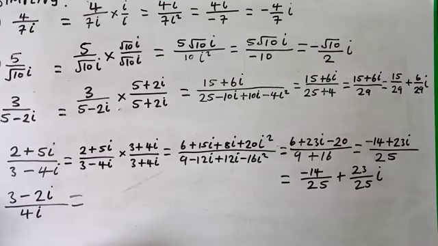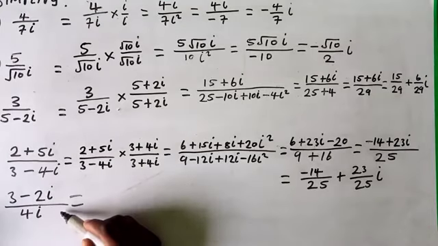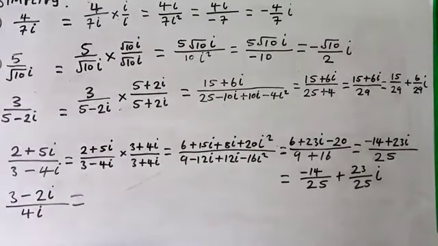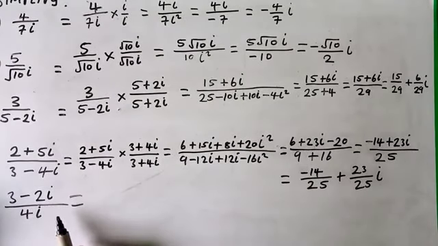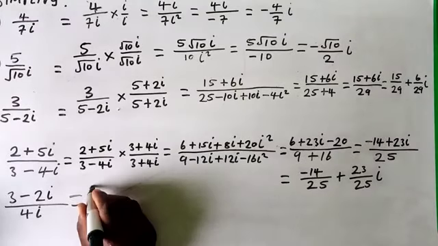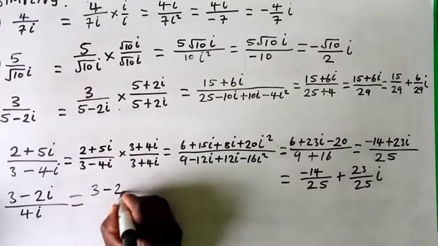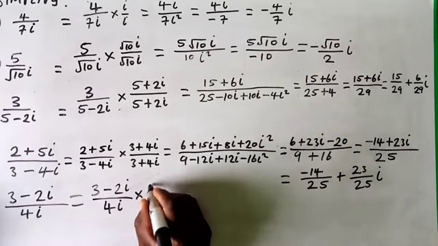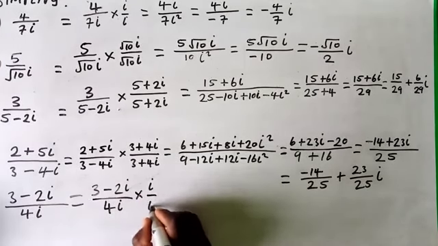The last one is similar to our number 1. So what we do is, we simply multiply both the numerator and the denominator by i. 3 minus 2i all over 4i times i over i.